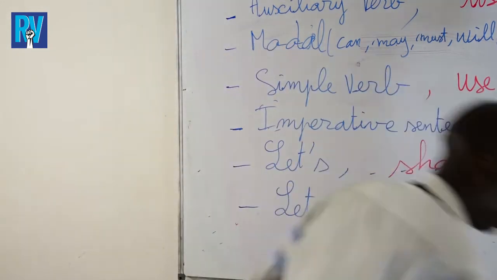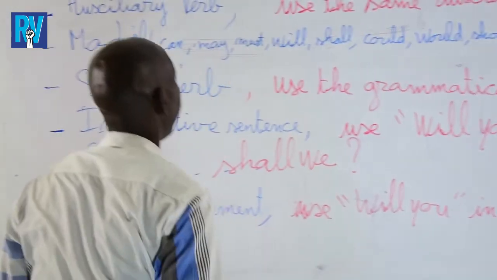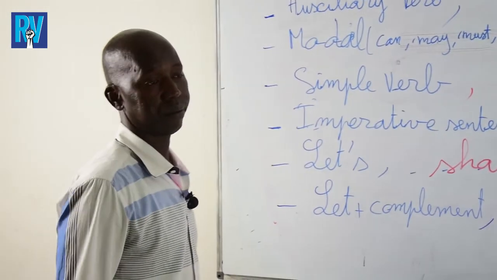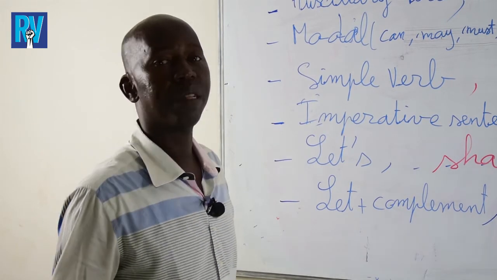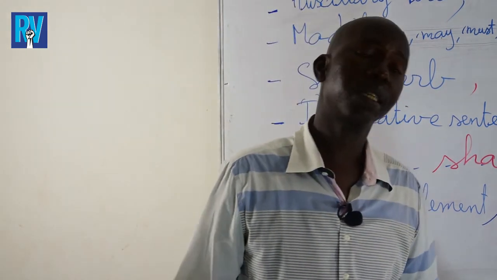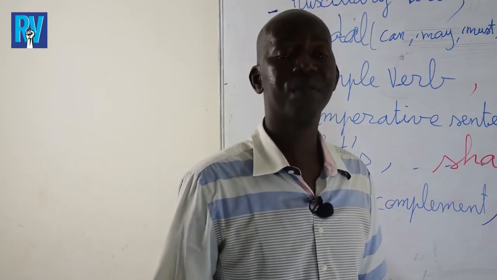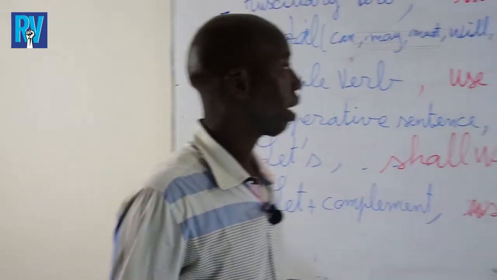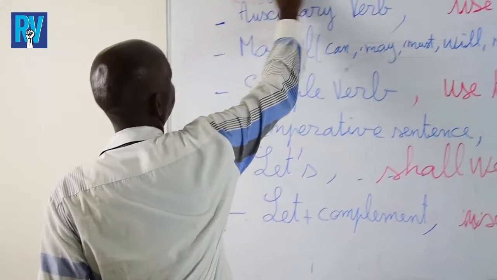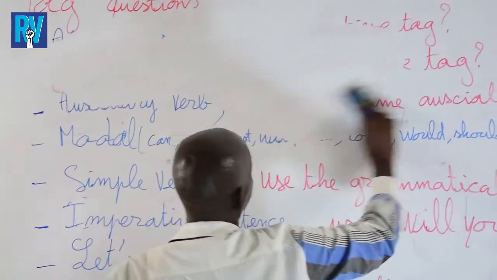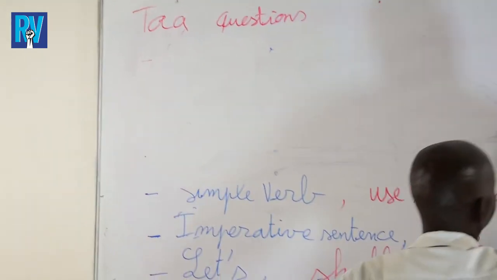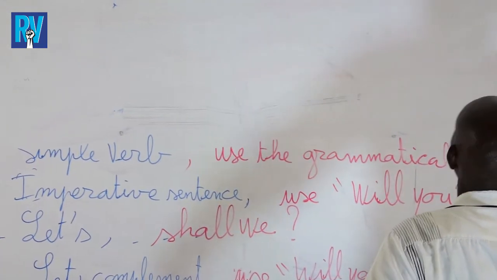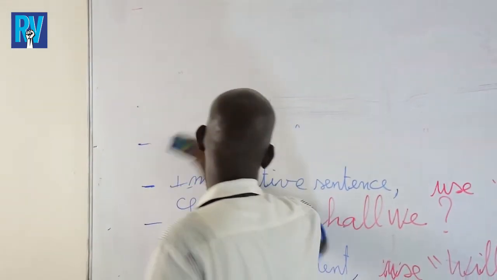Alors, comment identifier les phrases négatives? On va vous donner des mots négatifs. They are going to give you the negative words. Whenever you have them in your sentence, you must have an affirmative tag. Donc, mots négatifs, quand vous les avez dans votre phrase, vous devez avoir un tag à la forme affirmative, parce que la phrase est une négation.